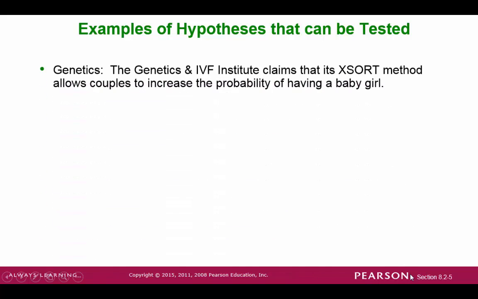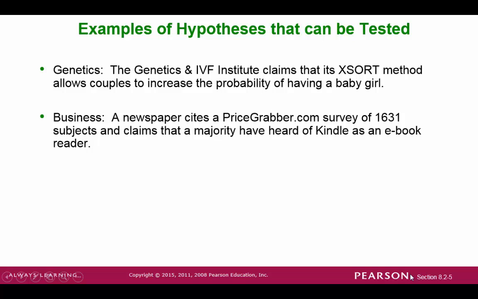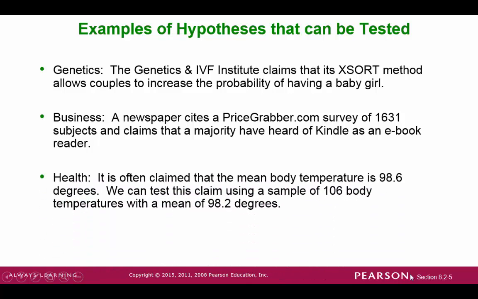In genetics, we can check to see if an X-sort method would actually allow couples to increase the probability of having a girl. In business, we can check a claim that the majority of people have heard of Kindle as an e-book reader. And in health, we can check the idea that the average body temperature for humans is 98.6, or can it really be lower at 98.2?